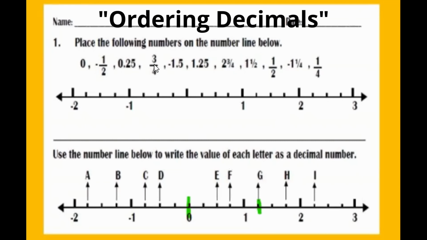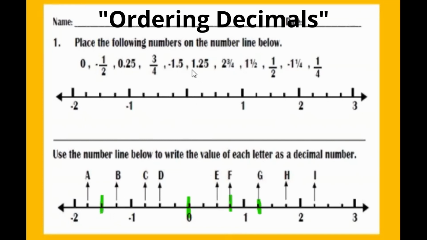3/4. That's less than 1. It's halfway between 1/2 and 1. So here's 3/4. How about for the negative numbers? A negative 1.5. Well, that's halfway between -1 and -2. It's a negative 1.5.